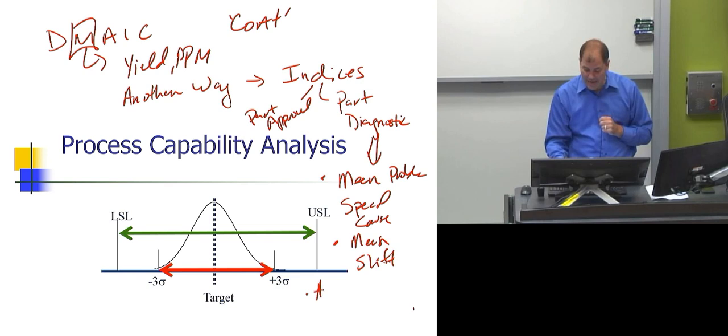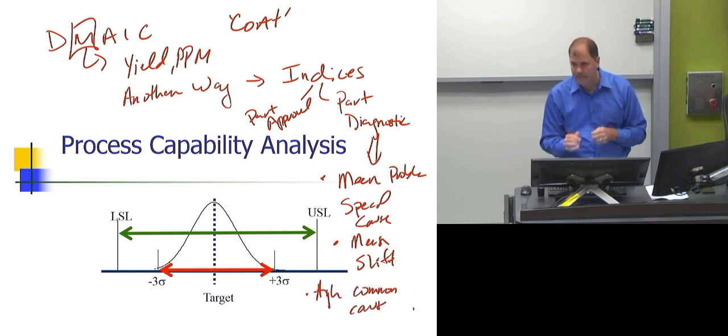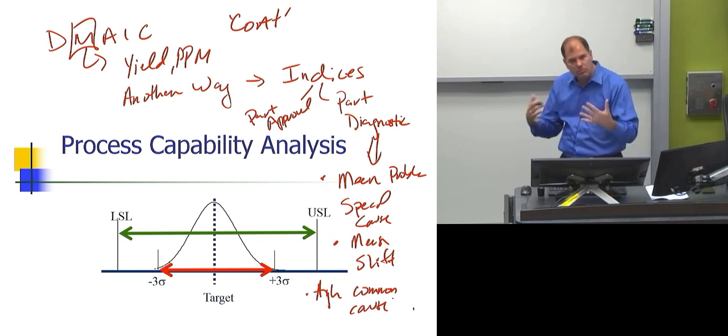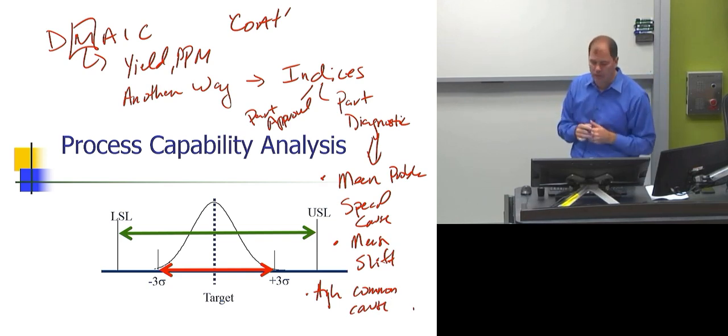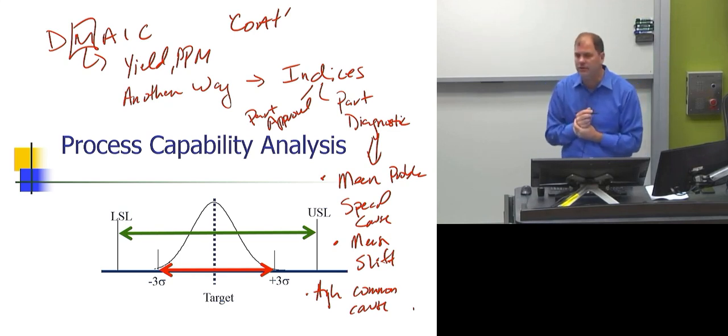Do we have high common cause? To help us put our process into one of those groups, we can do what are called process capability indices. It's actually kind of a challenging topic for many people to see it for the first time. So you have to pay close attention and you have to have some practice, but it takes a while to kind of get it all kind of organized.